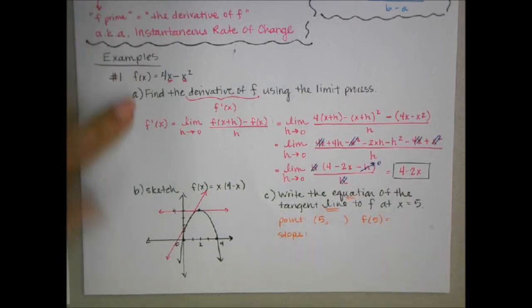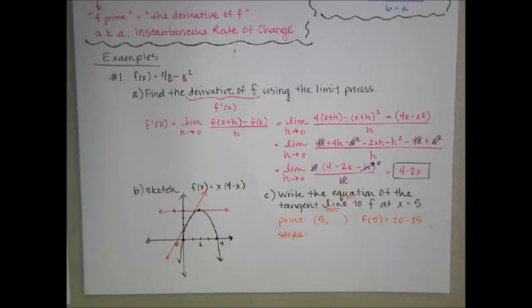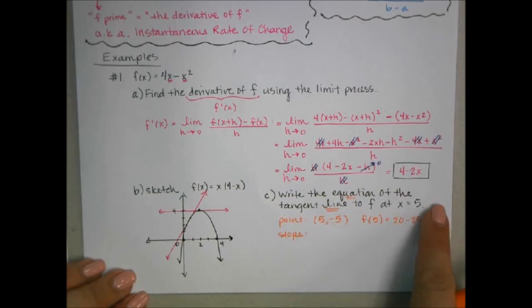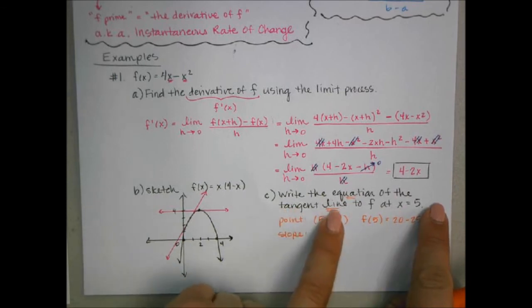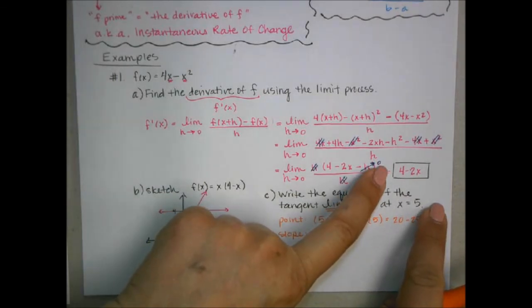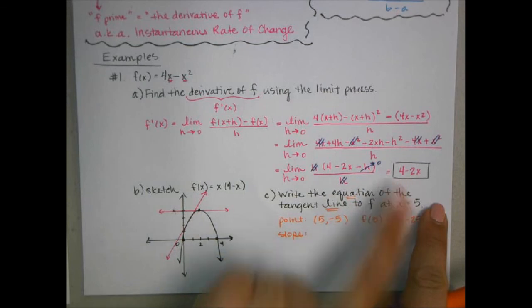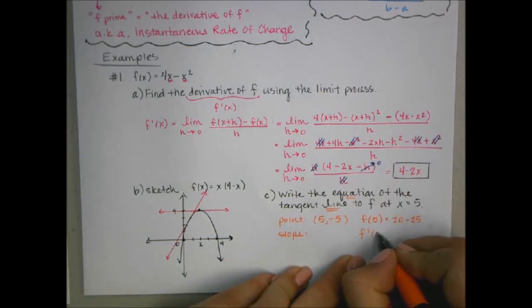So we're going to get 20 minus 25 is negative 5. As for the slope of this line, when x is 5, okay, again, I want the slope of my tangent line, while the derivative is the slope of my tangent line. So I'm going to plug 5 into my derivative function, f prime of 5.